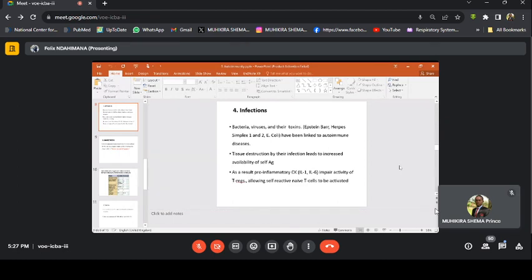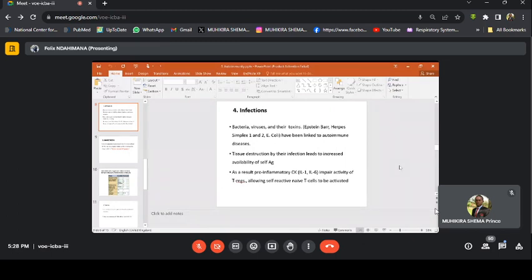As we said earlier in the first presentation the other day, I think it was on a Thursday, we have seen that naive T cells are the T cells or lymphocytes that have never been in contact with any antigen. We say that there is no way they can be activated unless they get in contact with an antigen.